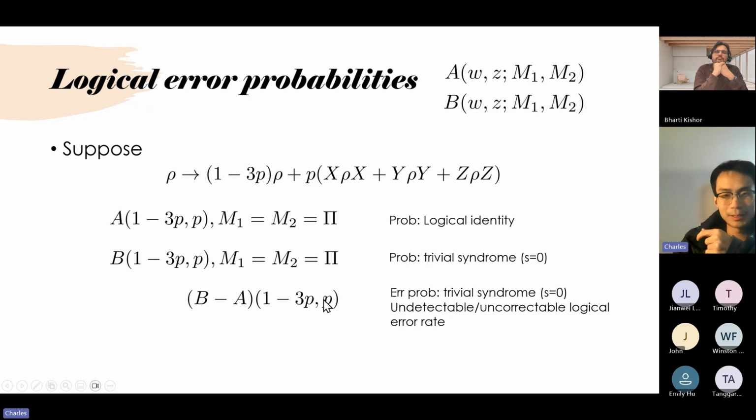Whereas if you plug it into the B enumerator polynomial, it computes the probability of having a trivial syndrome when you are subjected to this kind of IID depolarizing noise. Therefore, if you take B minus A, that computes the undetectable logical error rate.